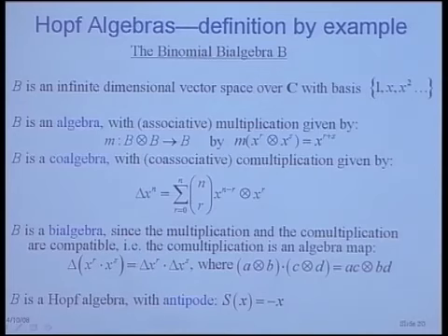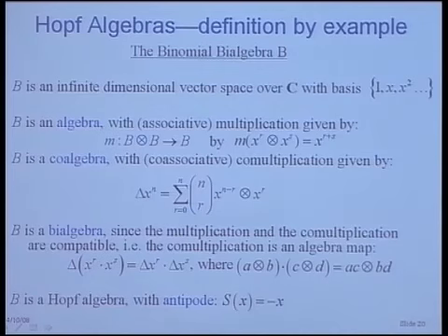This is good. Co-algebra means you've got a co-multiplication, a co-associative co-multiplication that takes you back. Okay, so you take something in the vector space to the tensor product, and here it splits up a monomial into its pieces, and the coefficient is the binomial coefficient, which is why this is called the binomial bialgebra.